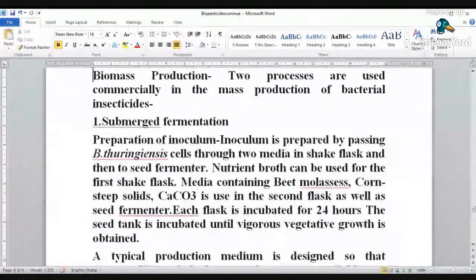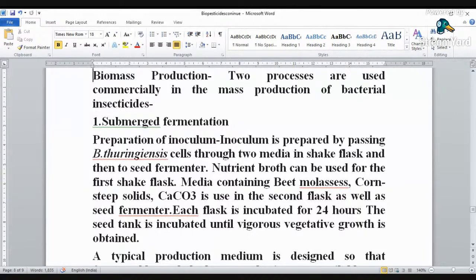So we have studied the mode of action of those different pesticides, then the advantages and disadvantages of pesticides. I will add more advantages and disadvantages in the notes. Now the common point of all this is the biomass production and application.